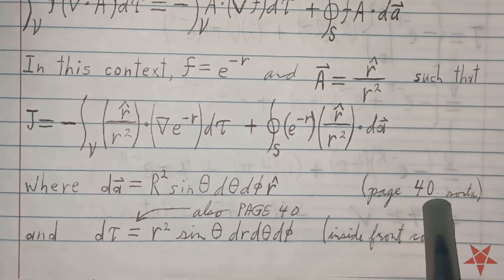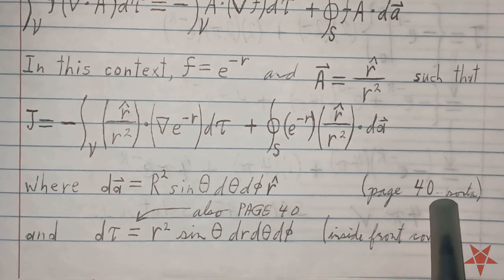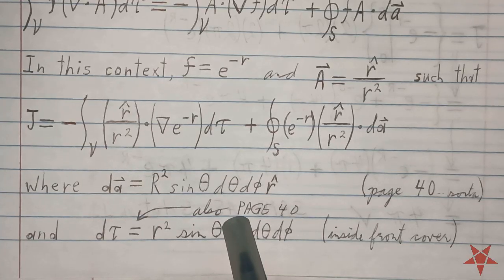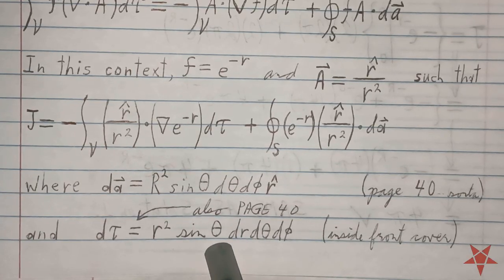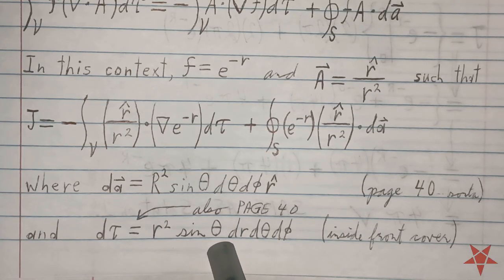This is shown on page 40, kind of, as is d tau. In fact, we're going to take a second to pop over to page 40 to show this.